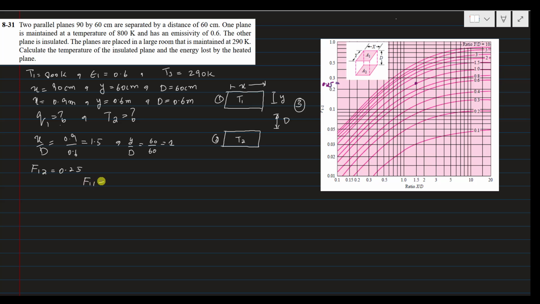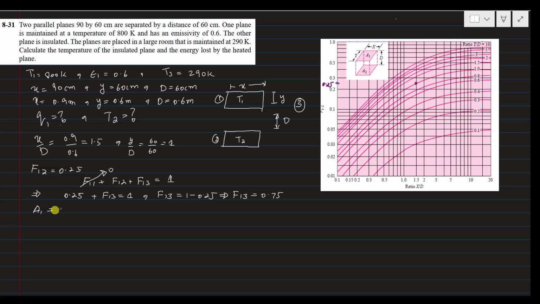Now from the enclosure theorem, F11 plus F12 plus F13 is equal to 1. For this plane F11, the shape factor is 0, because for a flat surface F11 is 0, and F12 is 0.25, plus F13 equals 1. So you will get F13 as 1 minus 0.25, which is 0.75.